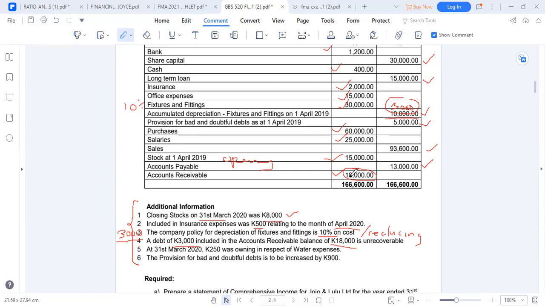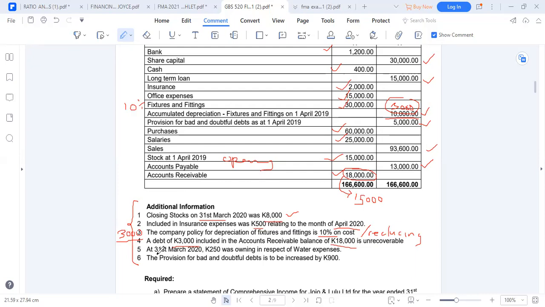So our 3,000 will appear in the profit and loss account. Meaning now our debtors stands to be 18,000 minus 3,000, which is 15,000. This is our new balance for the debtors figure.